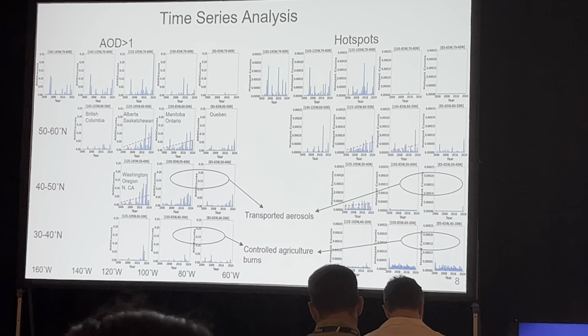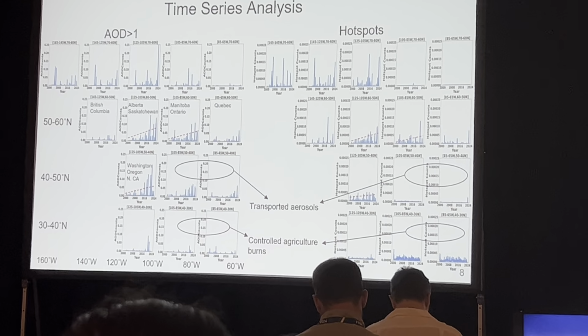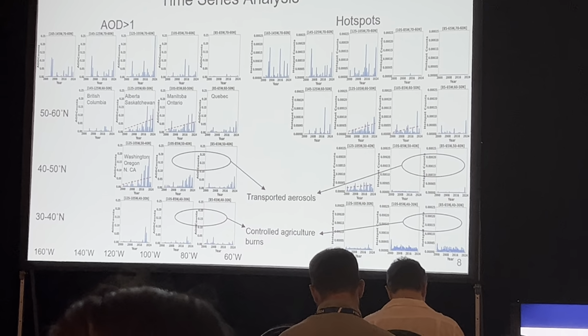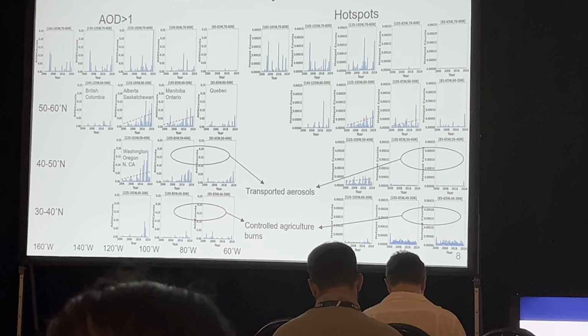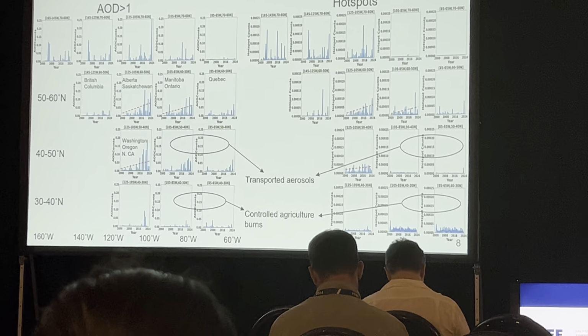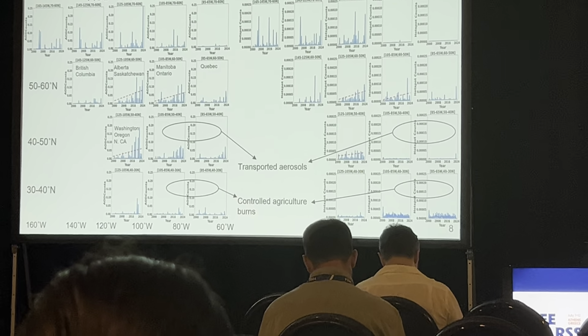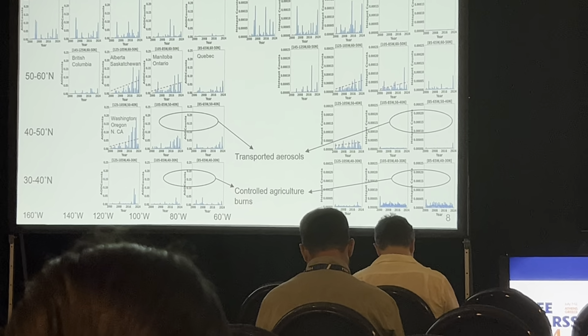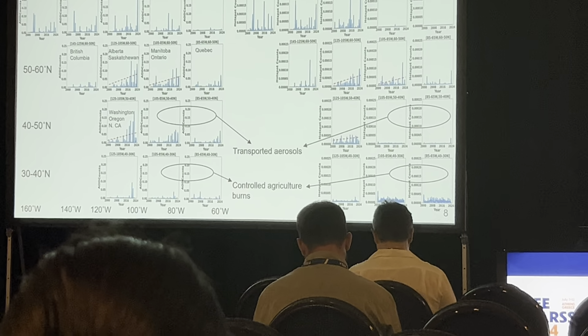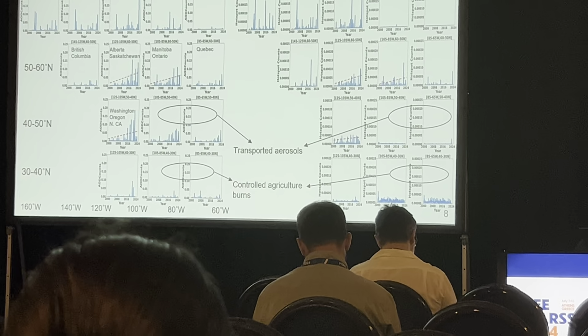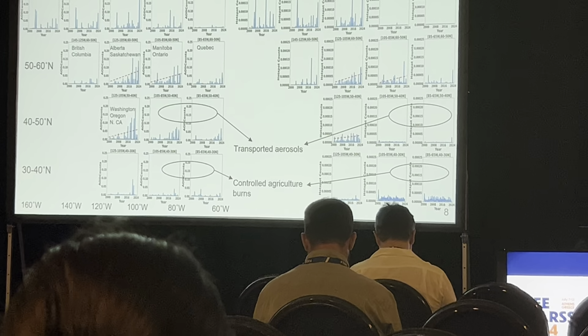We also notice that in the 40 to 50 degree latitudes in the central and eastern US, there is an increasing trend of high AOD pixels, however, very minimal hotspot pixels. That is most likely due to transported aerosols from nearby fires.